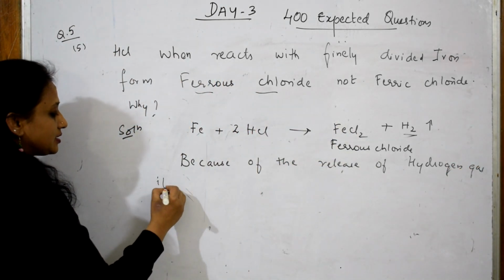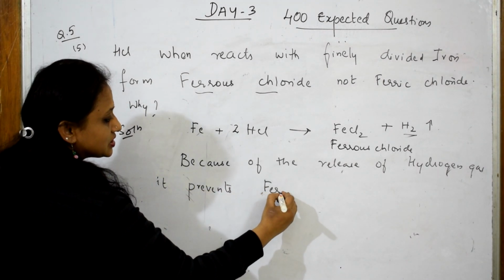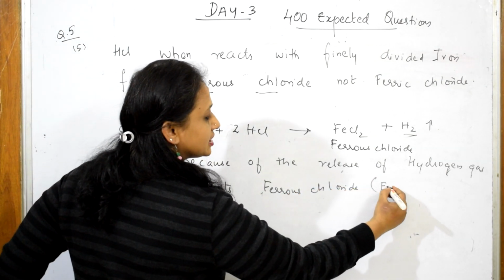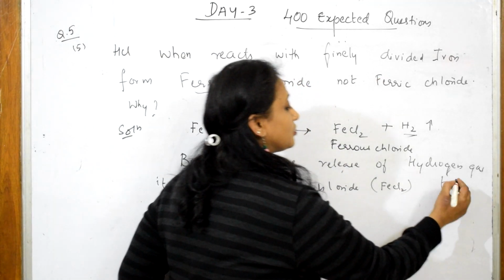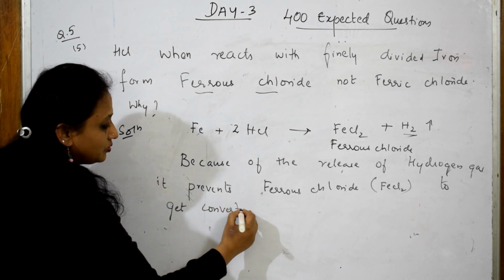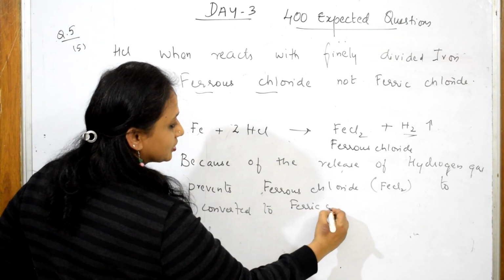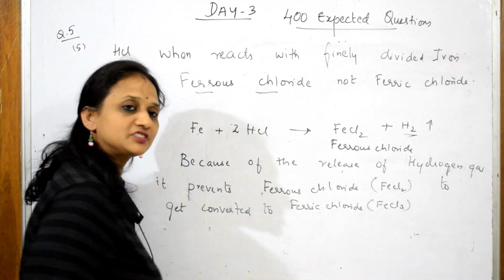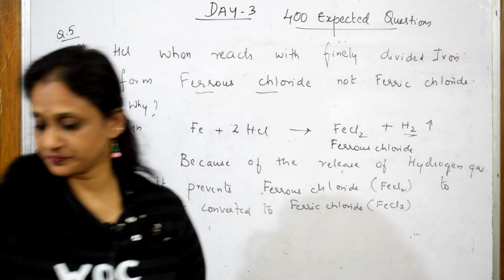It prevents ferrous chloride, that is FeCl2, from getting converted to ferric chloride. That's all. Easy, isn't it, students? So FeCl3. Simple. Now let us see one aldehydes and ketones reasoning question.